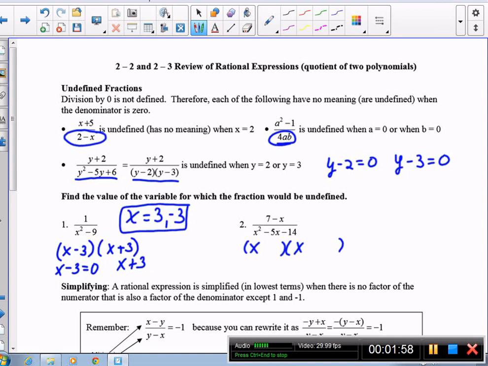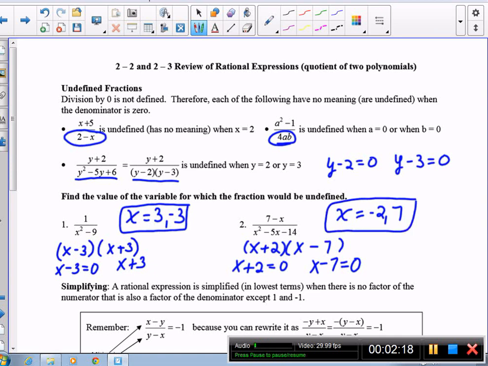So we're looking for two numbers that multiply to negative 14 that add to negative 5. So that could be negative 7 and positive 2. And when you set those equal to 0, then when x is equal to negative 2 and positive 7, this fraction will be undefined.